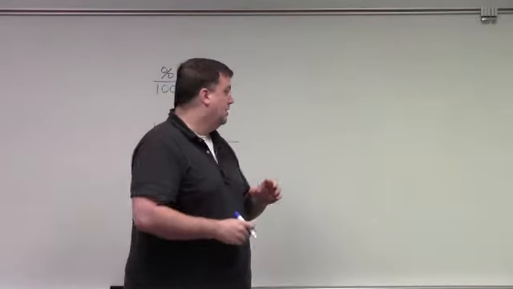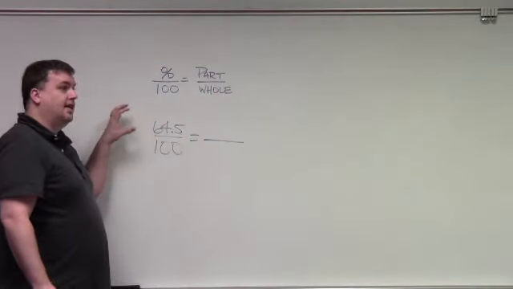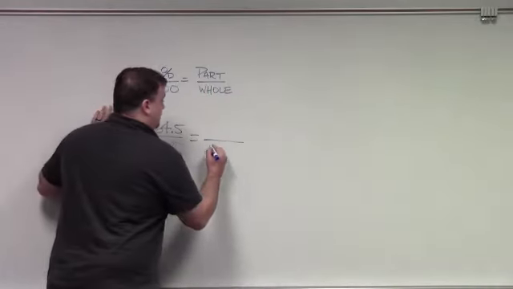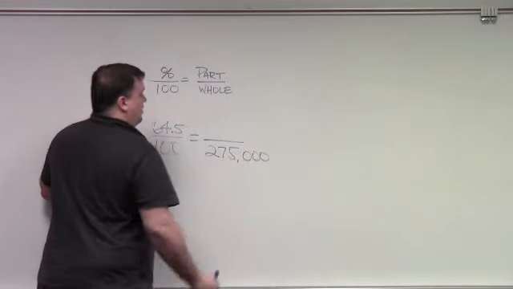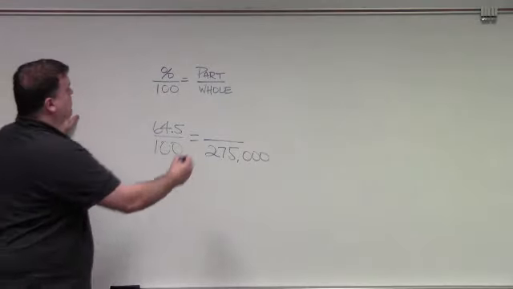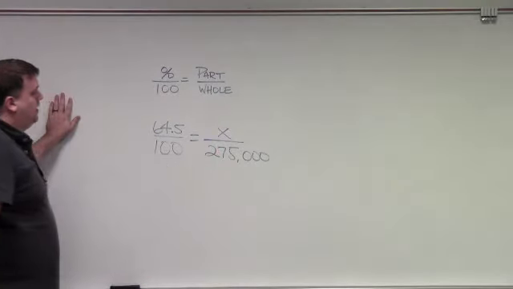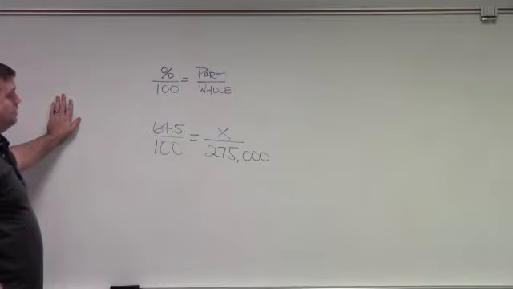It's the whole, right? Because the neurologist is the part of the anesthesiologist's salary. So 275,000 would go on the whole. And then our unknown is how much the neurologist makes.